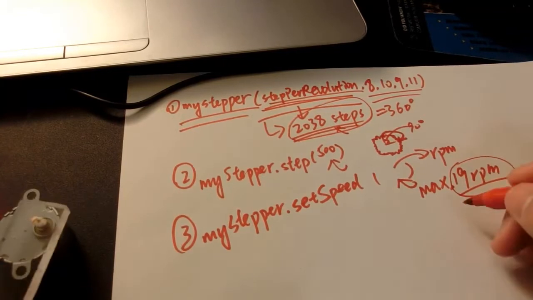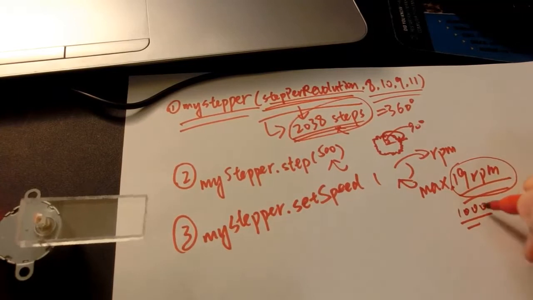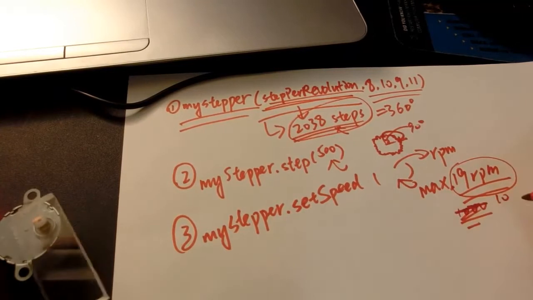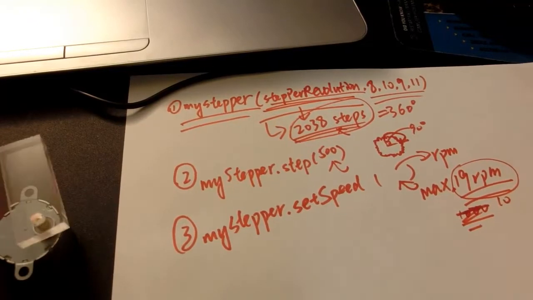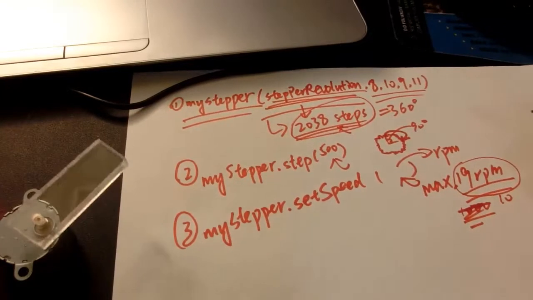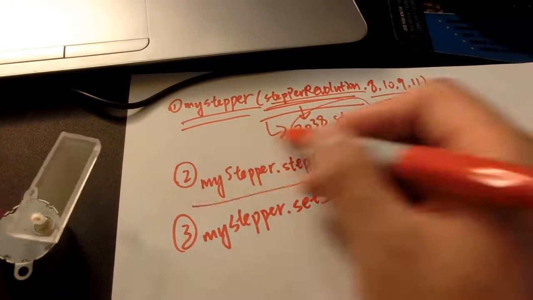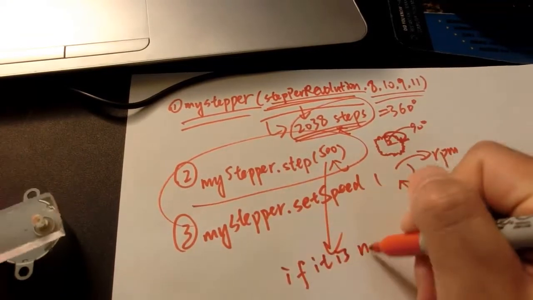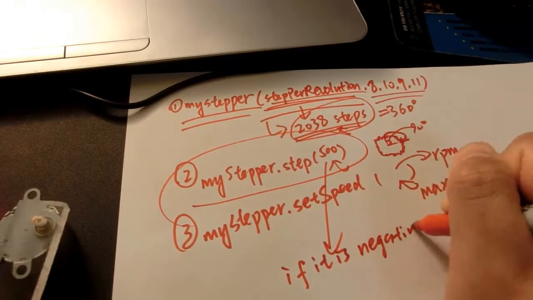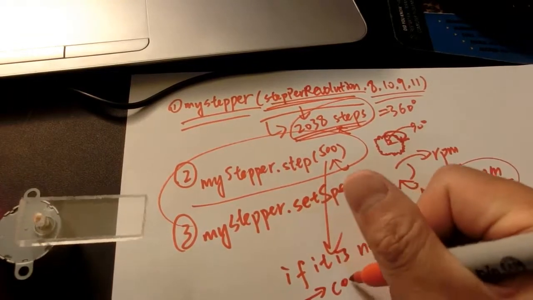I recommend using a speed which is a little bit lower than 10 RPM, or somewhere around 10, which will be better, so it's not giving too much stress to the step motor. And there's another thing you need to know: in this function, if this number is negative, it's going to rotate counterclockwise.